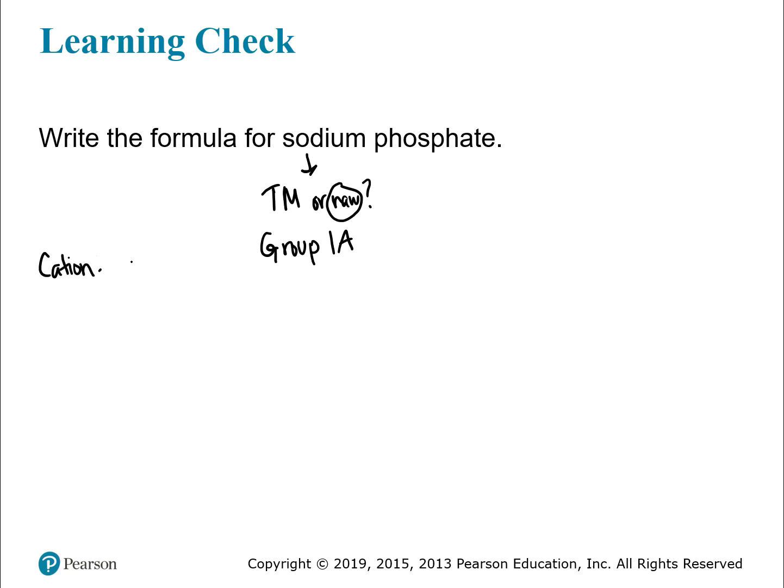So your cation is going to be Na+, because group 1A tells you the charge. You recognize phosphate as a polyatomic ion.